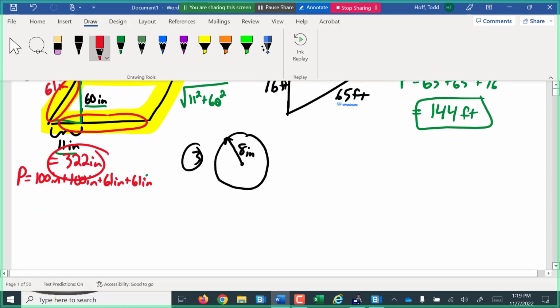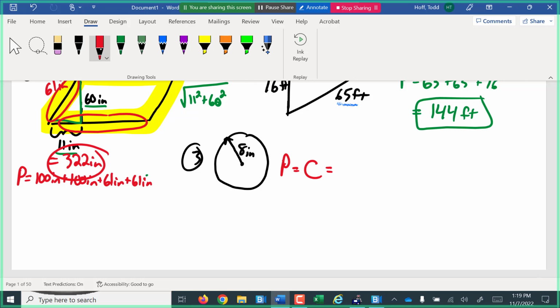Now, number 3, the perimeter of that is just the circumference of the circle. What's the formula for circumference? Pi times what? Careful. Pi times diameter, or 2 times pi times radius, right?